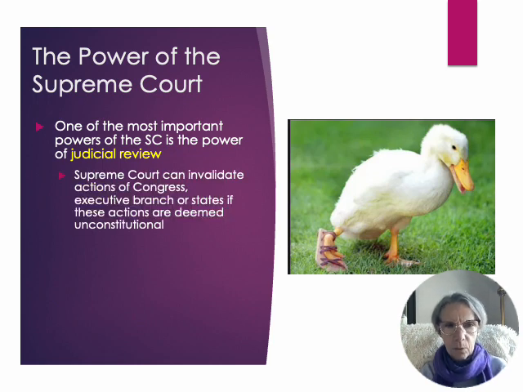And basically what judicial review is, is that the Supreme Court can invalidate federal law, the actions of Congress, the actions of the executive branch, like an executive order, or the actions of states or local governments, if these laws are deemed to be unconstitutional. So there it is. It's the supremacy clause, right? That if any of those laws violate the Constitution, and the Supreme Court says, indeed, it does violate the Constitution, not only are they just saying that the Constitution is violated, but those laws are then nullified, okay?